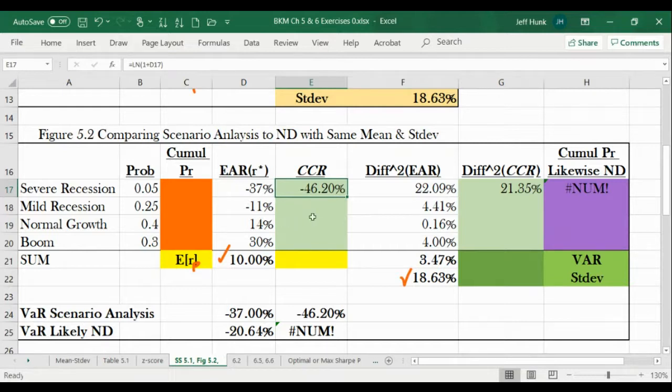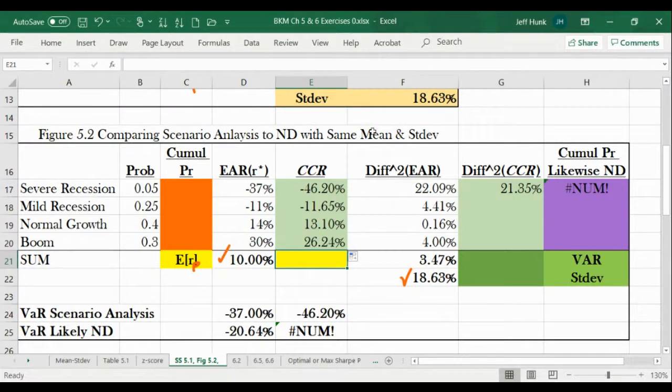All I need to do is simply copy and paste it, and then the portfolio return by continuously compounded rate will be probability times this, probability times this, and sum everything, right?